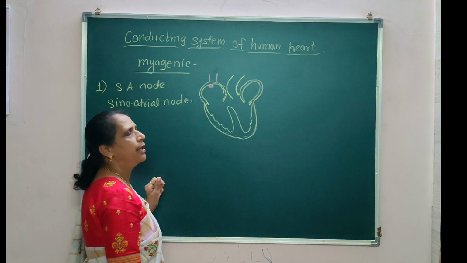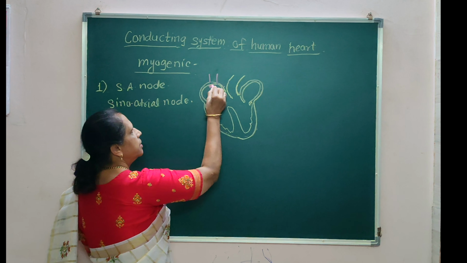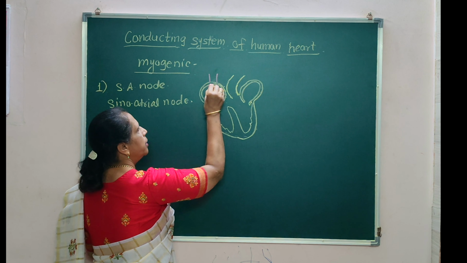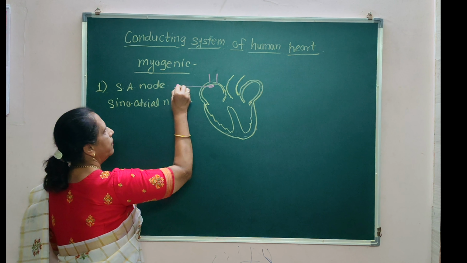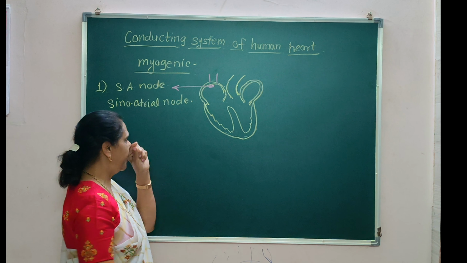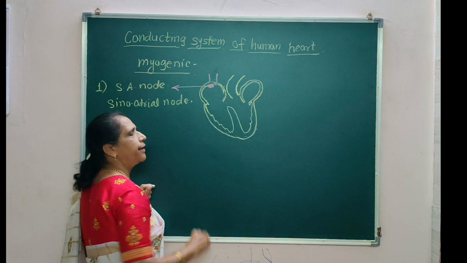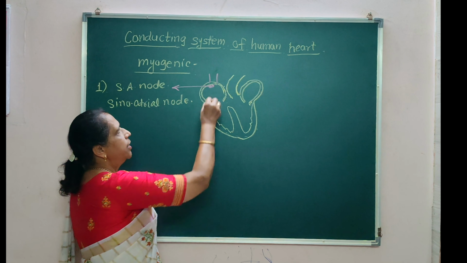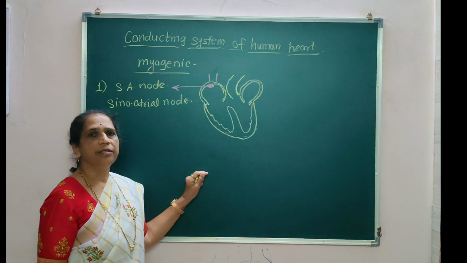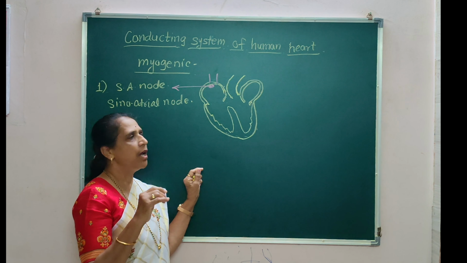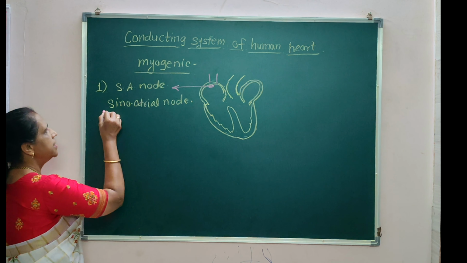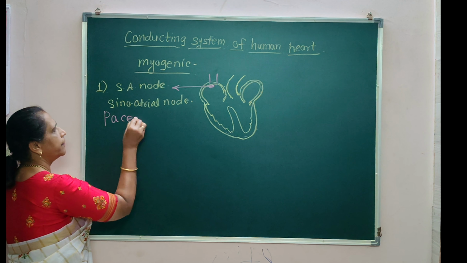This sinoatrial node generates impulses and causes contraction of the atria, and hence the SA node is also known as the pacemaker.